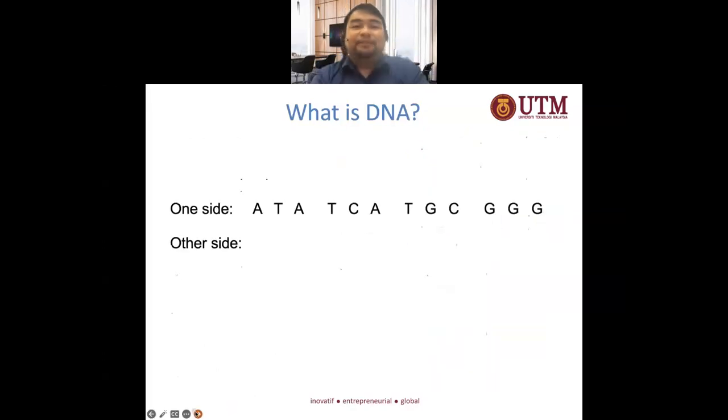Okay, this is our first class activity. On the one side, we have A, T, A, T, C, A, T, G, C, G, G, G. Who wants to try on what is the other side? Who wants to try? Volunteer. Solling, do you want to try? Can, doctor.